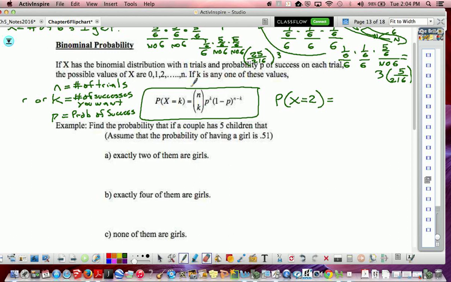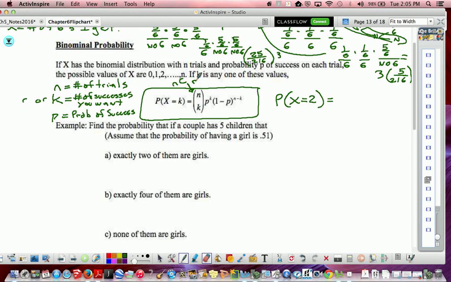This n choose k in parentheses is actually the formula nCr, and that's where your calculator comes into play. You remember doing combinations back in Algebra 2? A little bit? That's where you're doing combinations, permutations, factorials, where order matters versus order doesn't matter.